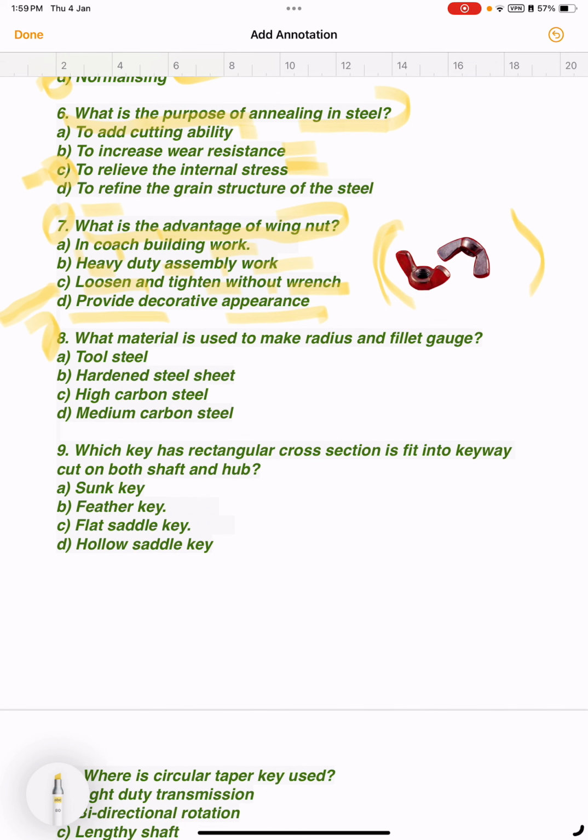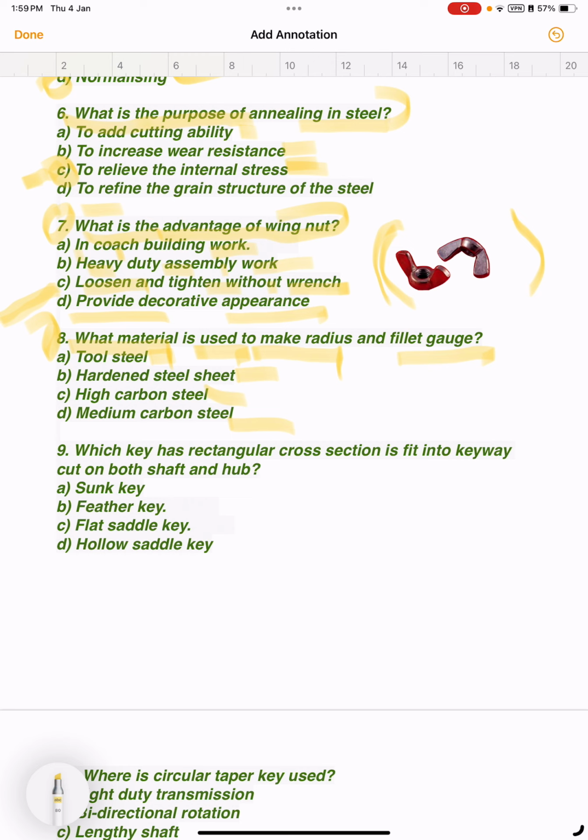Next, question number 8. What material is used to make radius and fillet gauge? First one, tool steel. Next one, hardened steel, high carbon steel, medium steel. The radius gauge and fillet gauge are commonly made of tool steel.